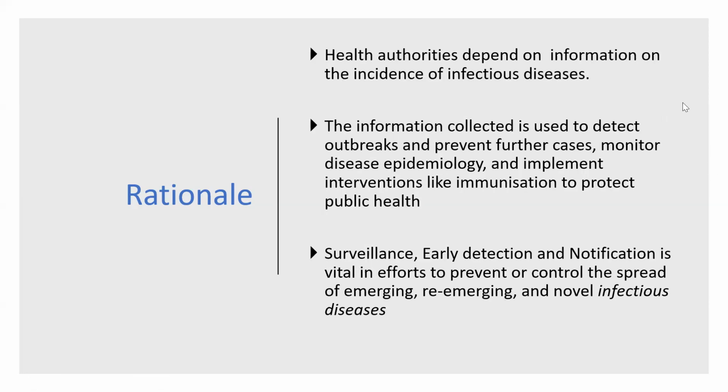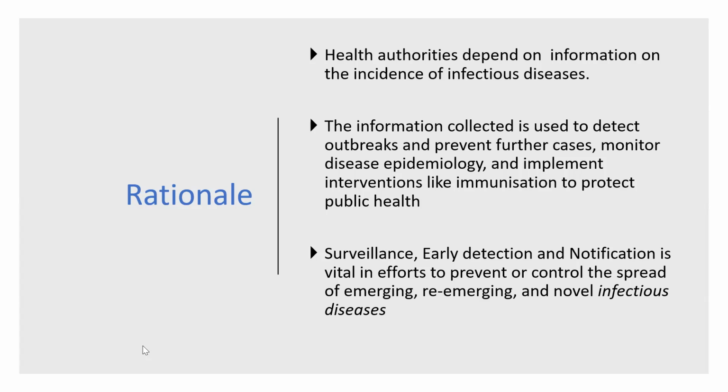So therefore, it stands to good reason that health authorities would depend on information on the incidence of an infectious disease. If you know how often a disease occurs, where it will occur, how it will occur, if you know the pattern, if you know the trend, you're better able to put in measures for prevention and control.